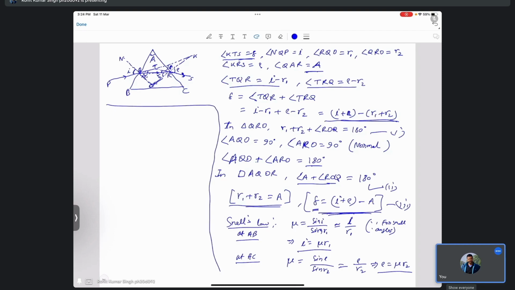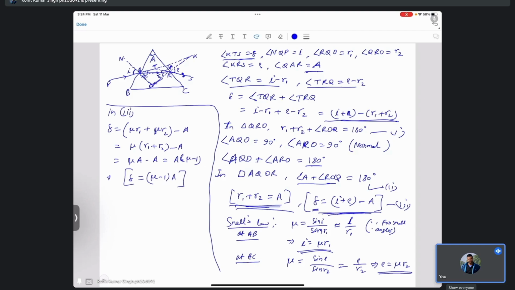So in the third equation we can write delta equal to, i is mu r1, and e is mu r2, minus A. You can take the mu outside, then it's just r1 plus r2 minus A, and we have this result where r1 plus r2 is equal to A. So mu A minus A, taking A outside, mu minus 1. So the final formula is delta equal to (mu minus 1) A.